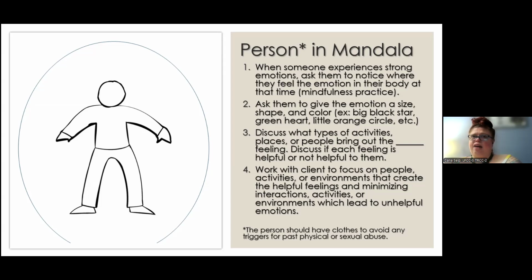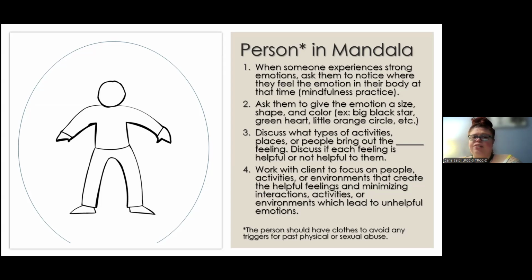Particularly for folks that have had a lot of history of abuse or substance use, they've tried to disconnect themselves from their body. So we want to help increase that mindfulness by bringing them back into their body and asking them to describe where they feel that physically.